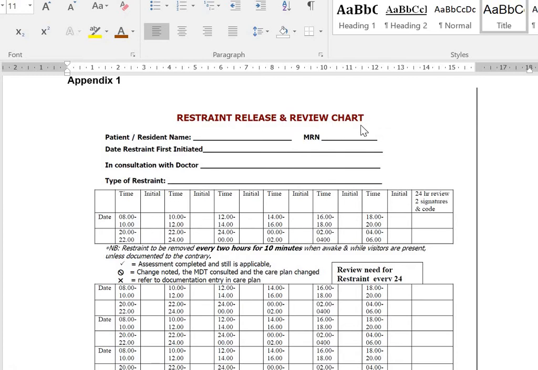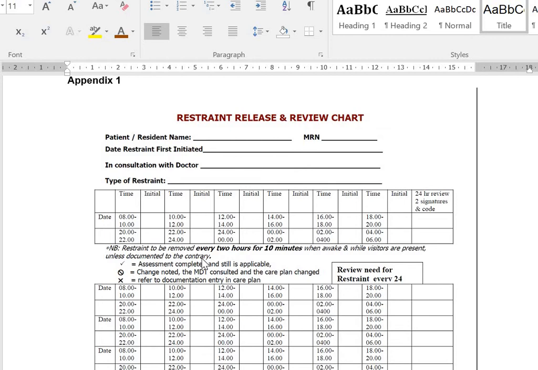This is available on the wards and it is kept at the patient's bedside for any patient where there's a restraint being used, including bed rails. So you put in the details here, okay, and restraint to be removed every 2 hours for 10 minutes when awake and while visitors are present, unless documented to the contrary, okay?